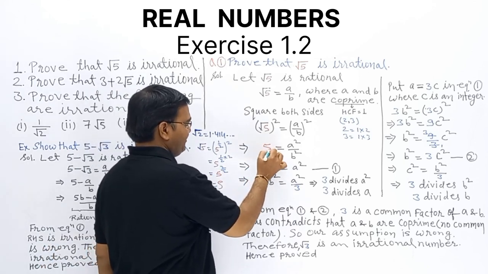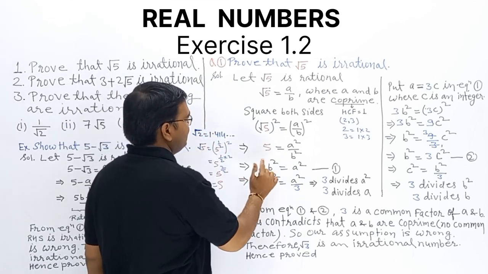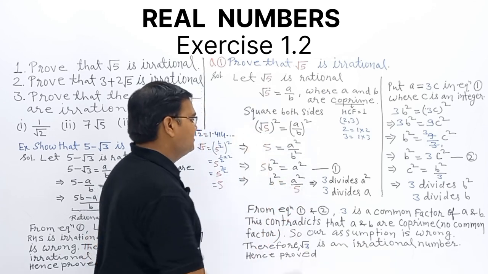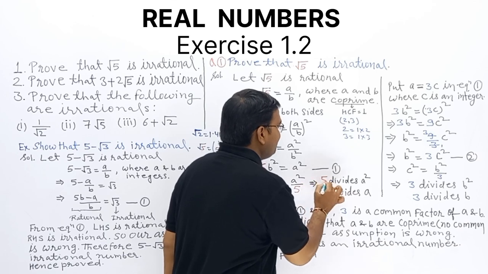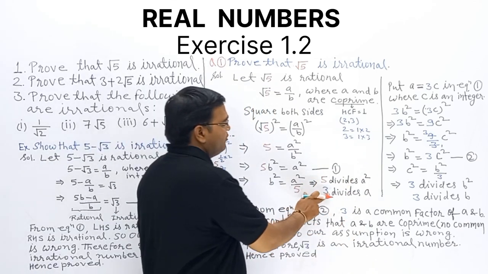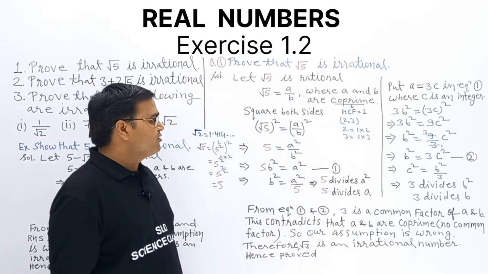So we are getting 5 b square equals a square. Clear? Now from this equation what can we say? 5 divides a square. So 5 also divides a.